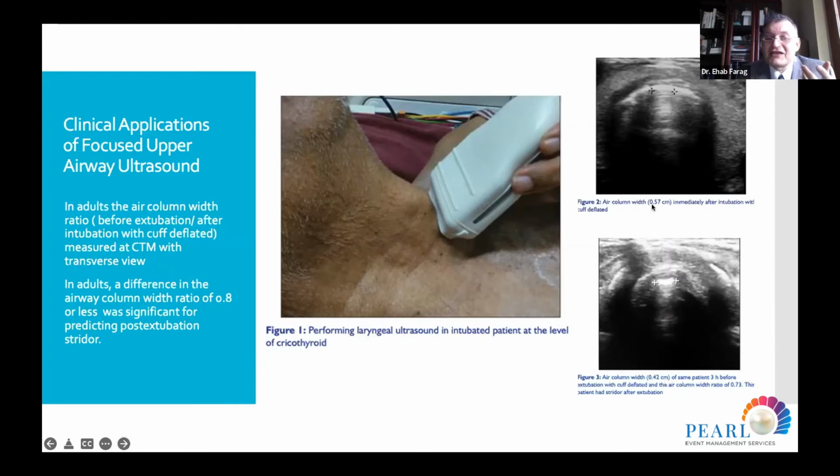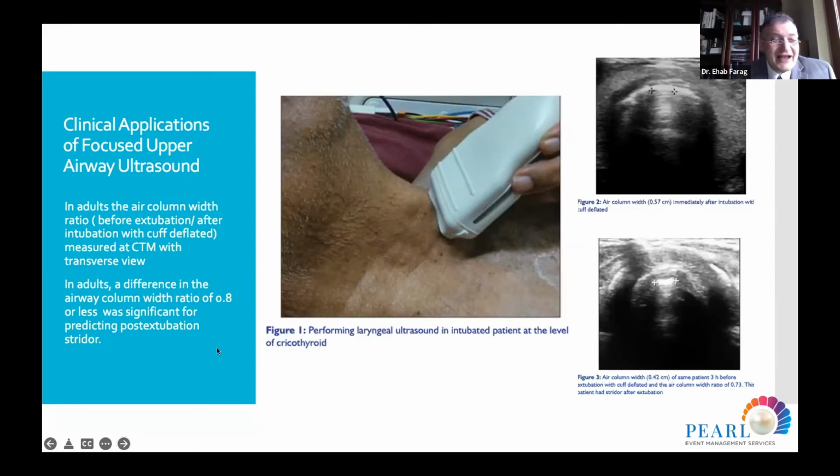You see the difference here: 0.75 centimeter, the distance of the airway column immediately after intubation with the cuff deflated. And here, before extubation with the cuff deflated, the distance is 0.42 centimeter.